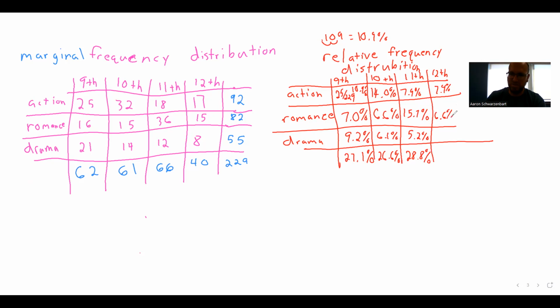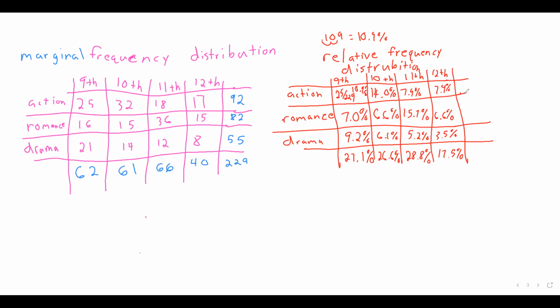And make sure to put the percent sign so I know that these are percents, not numbers. 40.2% preferred action, 35.8% preferred romance, 24.0% preferred drama, and 100%.